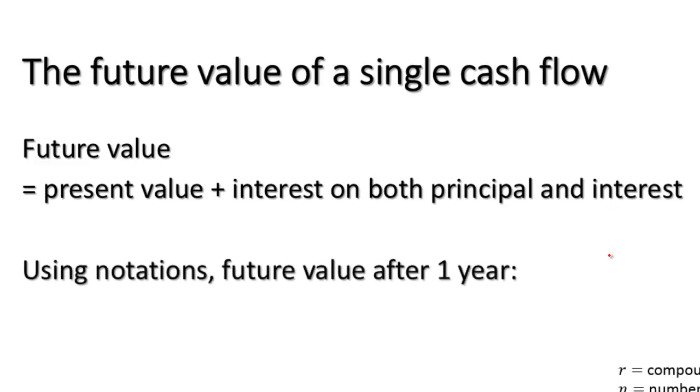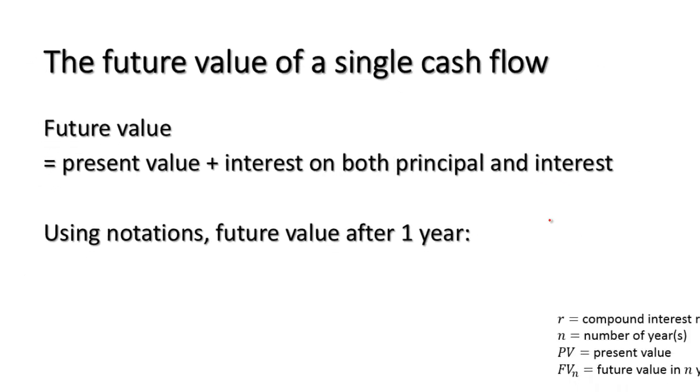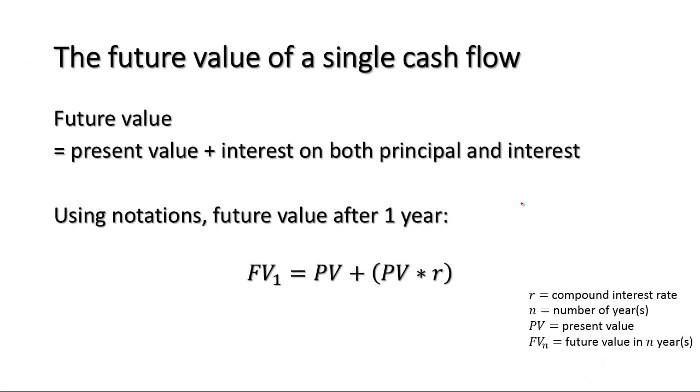Using the previous notations, the future value after 1 year should be FV1 equals the present value plus the interest on the principal. And as I have said, because this is the future value for only 1 year duration, we do not have any previously earned interest, therefore we do not have interest on interest.